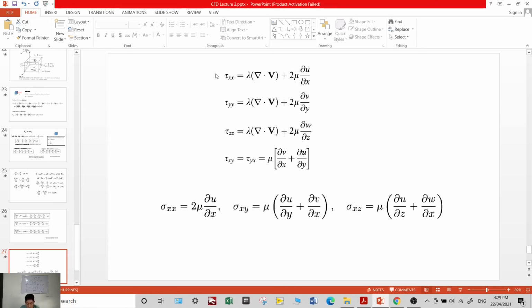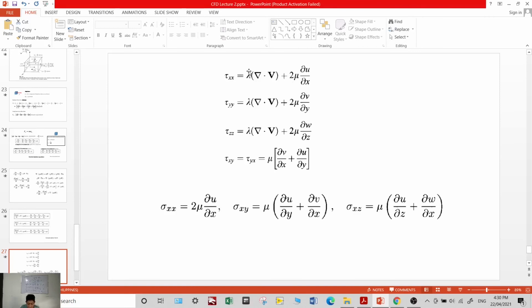According to him, just familiarize the values since the derivation is long. So tau xx, by the way, with the same indices, are the normal stresses.